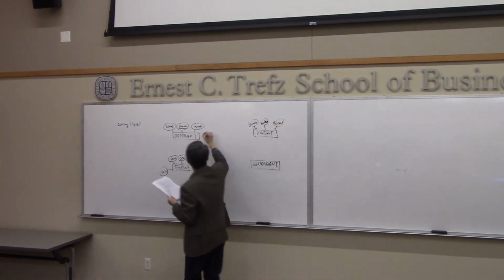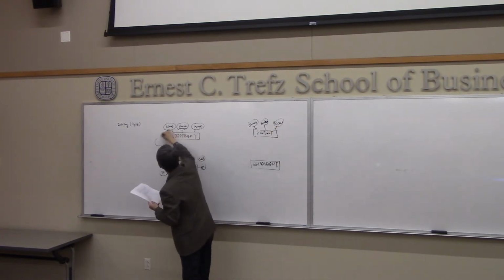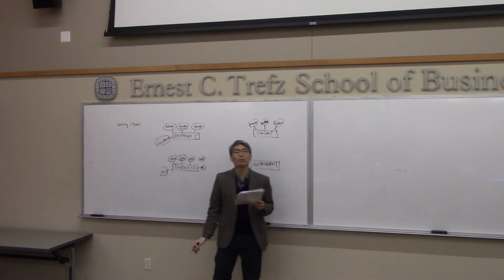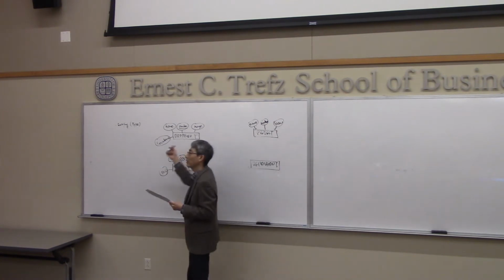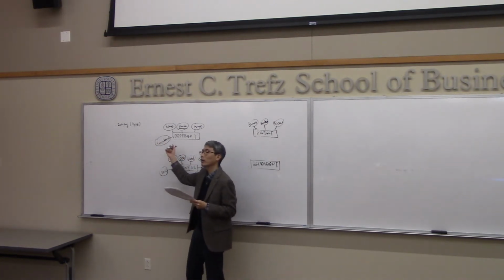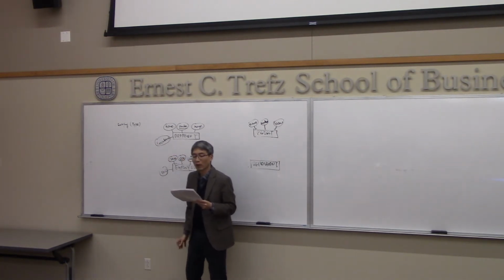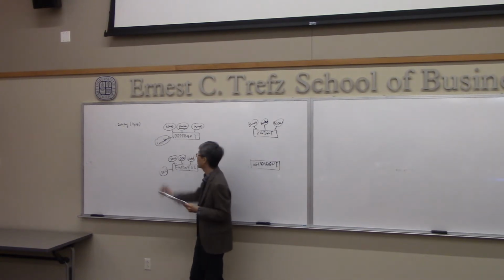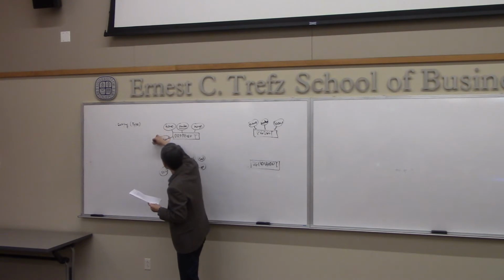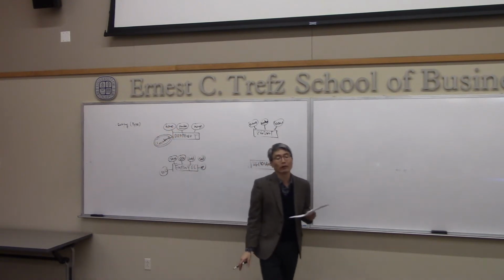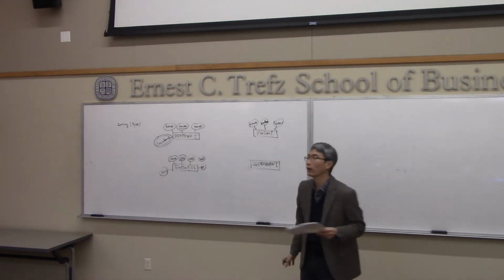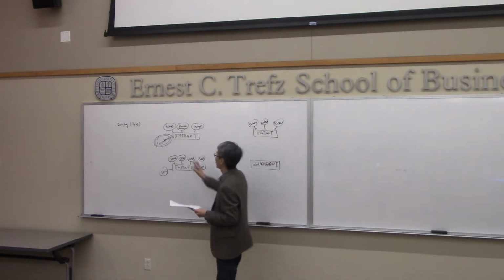We have the location for the department here, but in case it's multi-valued, so not just one location for the department, sometimes it can have multiple locations. If you read the description carefully, it has several locations. In that case, we are going to use a double oval to identify the multi-valued attribute.